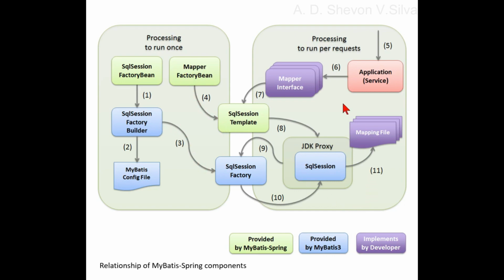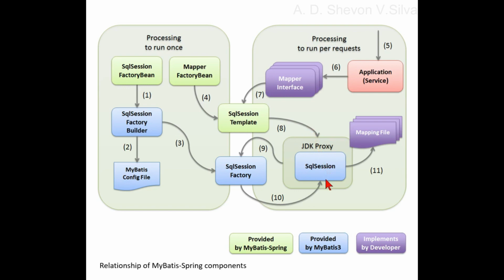Here mapper interface, application service, JDK proxy and mapping files are basically inside processing to run per request. SQL session is inside JDK proxy. Here 5, client is connected to application service. 6, application service is connected to mapper interface. 7, mapper interface is connected to SQL session template. 8, SQL session template is connected to JDK proxy.